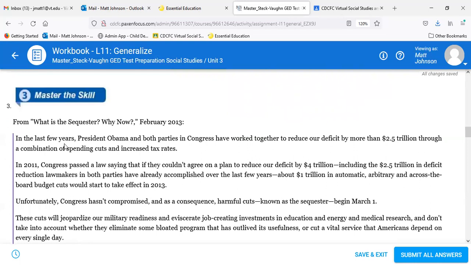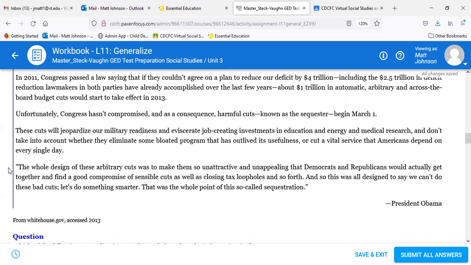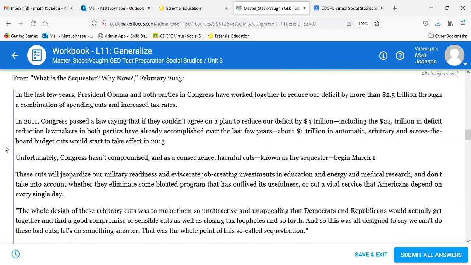And 3, what is the sequester? Why now? Tracy, could you maybe read the first? Yes. What is the sequester? Why now? February 2013.